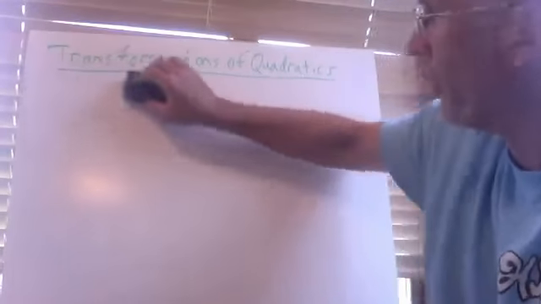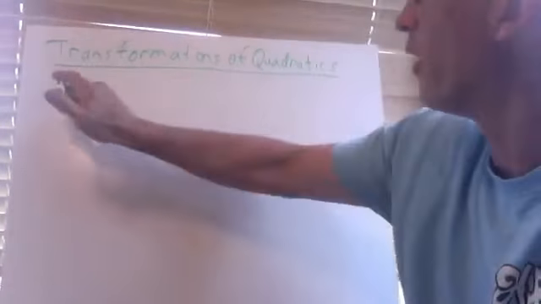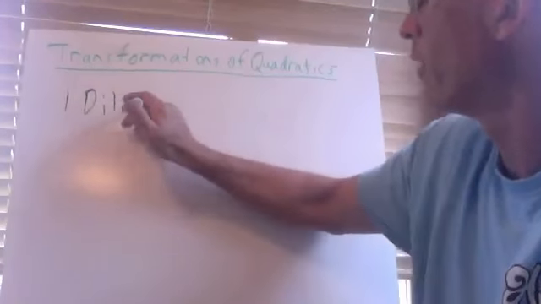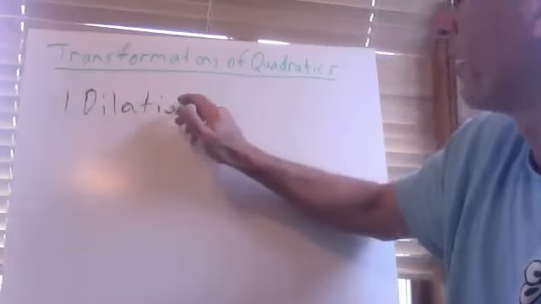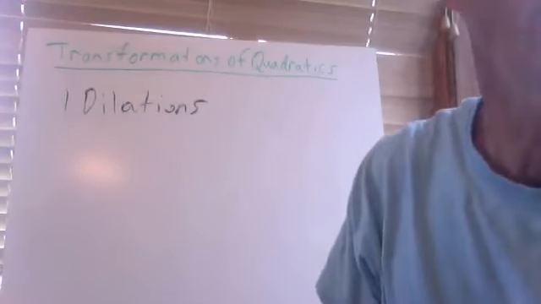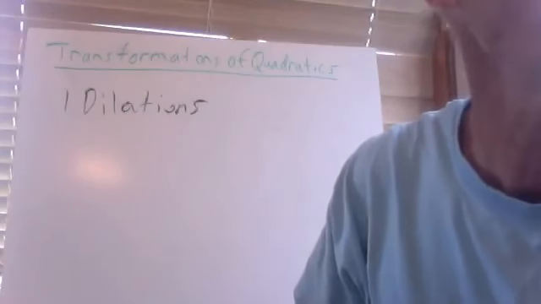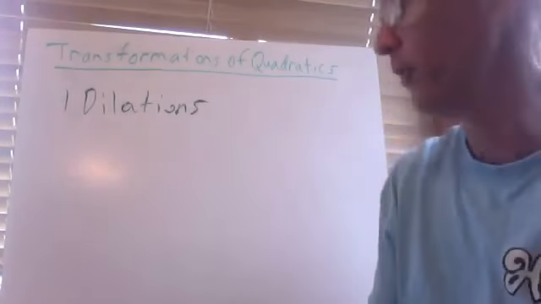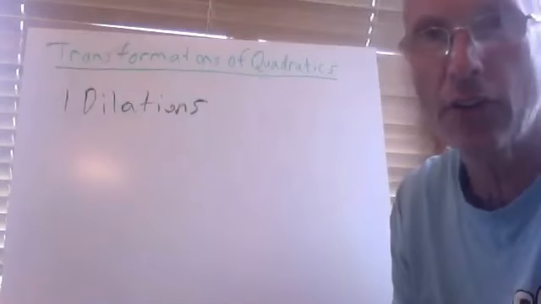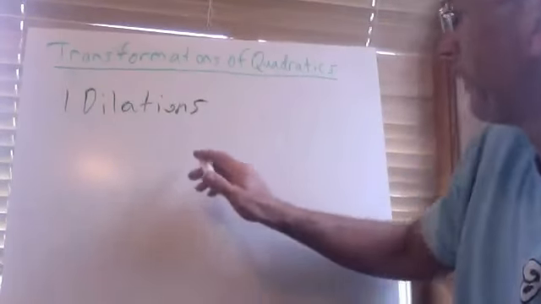Our next form of transformation are called dilations. And there's reflections also. But dilations make our parabola wider or smaller, or skinnier.